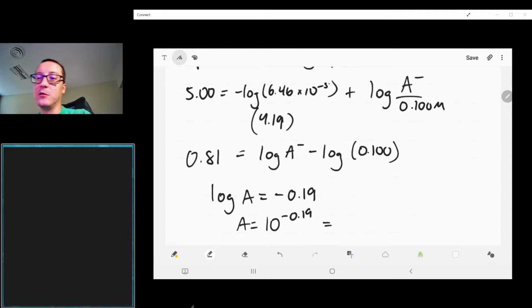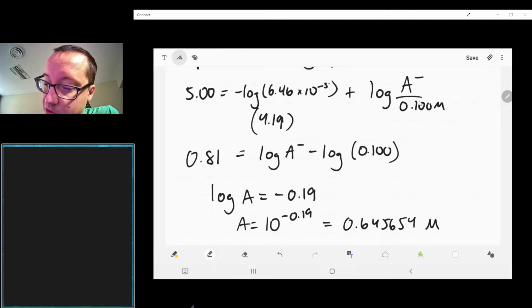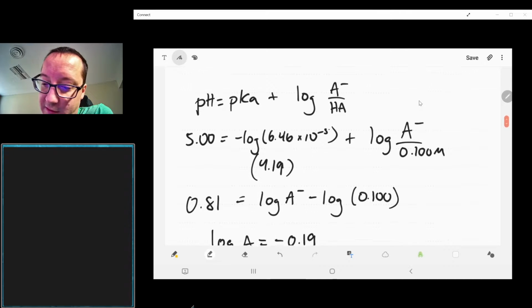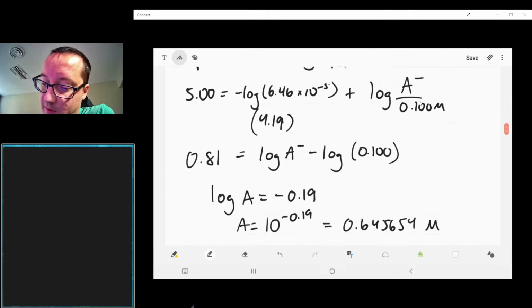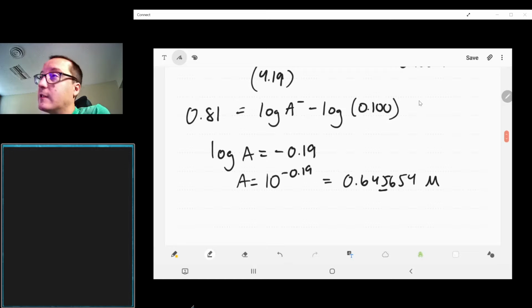That one I can't do in my head. 10 to the -0.19 is 0.645654. Fun number there. Concentration would be molar. With all this stuff, it looks like we're probably going to have 3 sig figs, so let's keep that in mind as well. This should be A-, by the way.